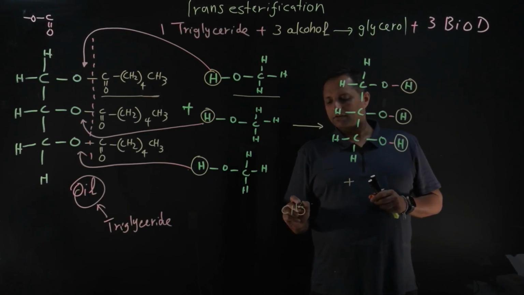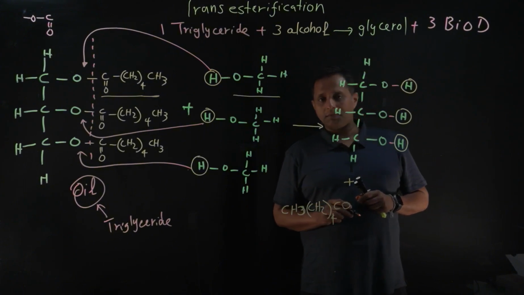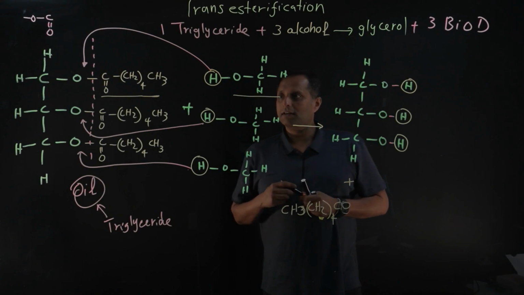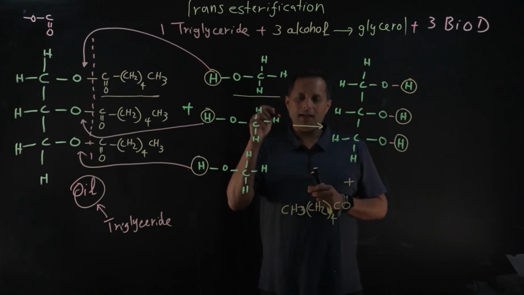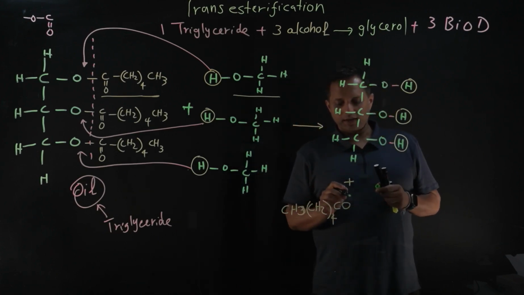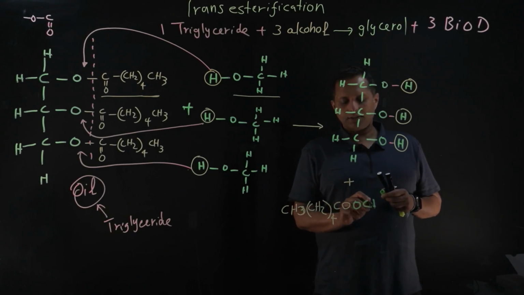CH3, CH2, then C, double bond O, look at that, that is the double bond O, but I'm drawing the semi-structural formula of this biodiesel molecule. Now I'm going to join the what part? The alcohol part. Alcohol part has got oxygen, which is what? This is that oxygen, then CH3.